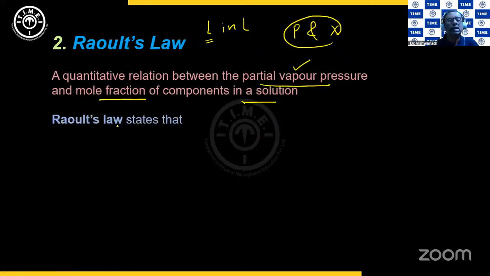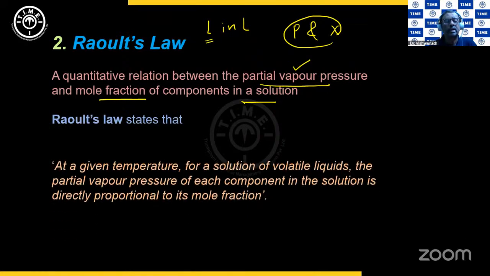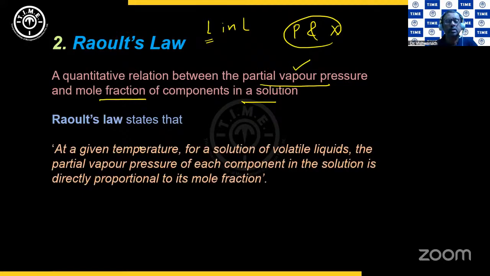Now, Raoult's law states that at a given temperature, Henry's law also is at a given temperature, for a solution of volatile liquids, both the liquids are volatile. We said liquid volatile solute plus liquid volatile solvent. The partial vapor pressure of each component is directly proportional to its mole fraction. Clear? So it's a very, very simple statement.